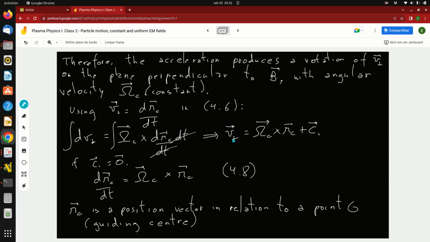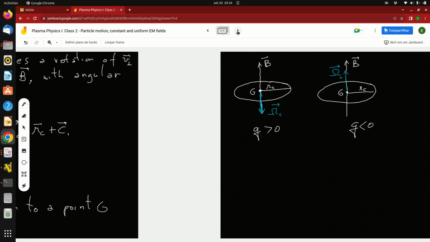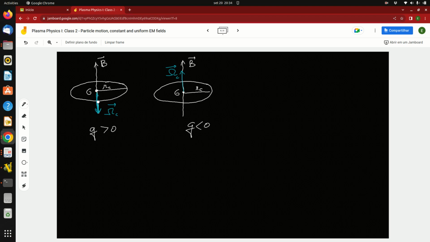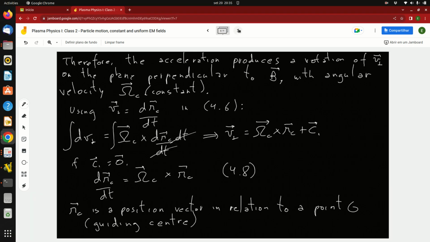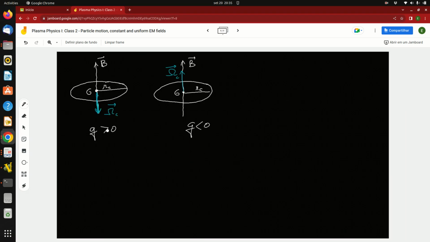The perpendicular velocity is omega_c cross r_c, so we have two possibilities here: the angular velocity pointing in the opposite direction to B, and the angular velocity pointing in the same direction as B. If you check our previous slides, when Q is larger than 0, the angular velocity points in the opposite direction. If Q is less than 0, then it's in the same direction.